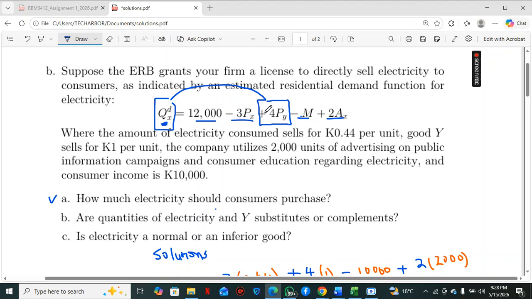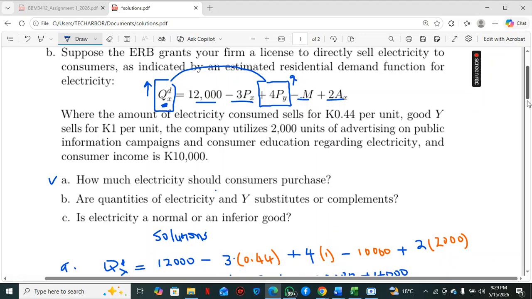So what this plus sign says is, if the price of good Y increases, holding these other variables constant, quantity demanded of electricity is also going to increase. So this indicates a substitute good. Why? Because when the price of good Y increases, people stop buying good Y and they switch to electricity, meaning the quantity demanded of electricity is going to go up. All right. So these two are substitutes.